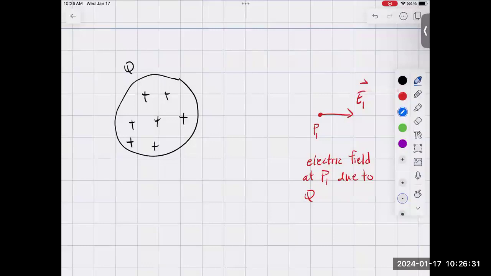And then we could go to some other point in space. Maybe we'll go to a point over here, and maybe we could try to measure the electric field at this point.